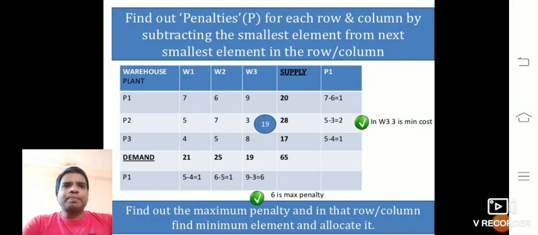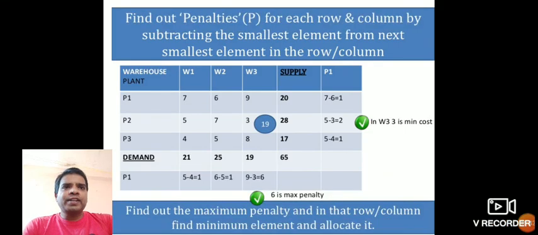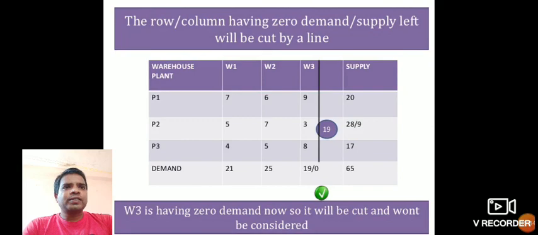For the P2 W3 cell, the supply is 28 and the demand is 19. Which one is the smaller one? That is 19, so allocate 19. The demand is fulfilled here. So delete the W3 column, and the supply is left with 9.